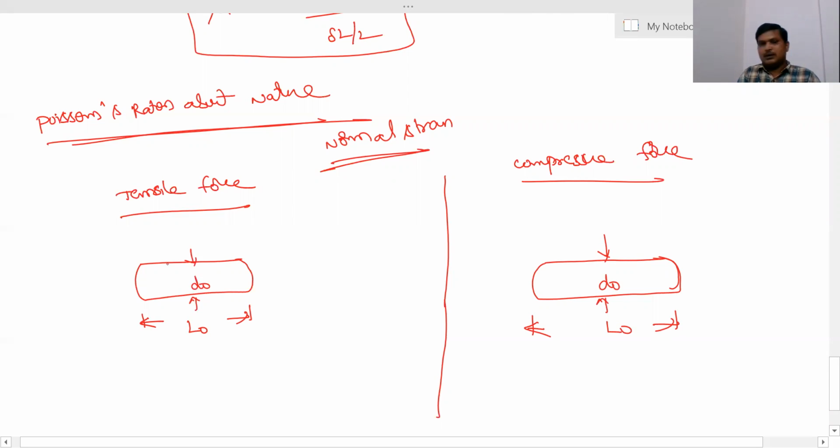Is it clear? Since I am constraining both sides, in the tensile case this is a normal tensile force P, and this is a compressive force I'm applying. So what do you observe?